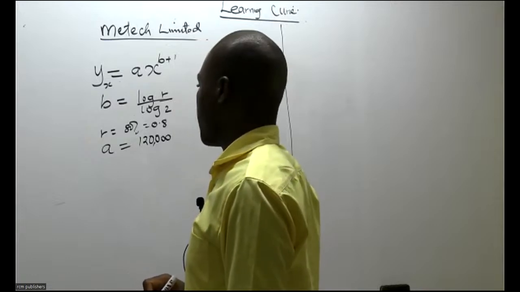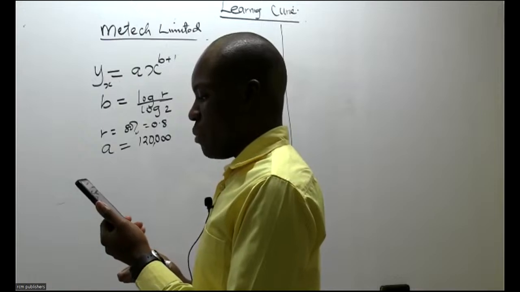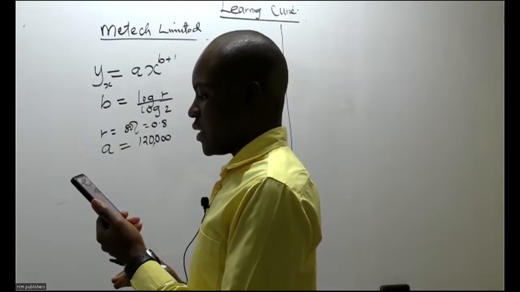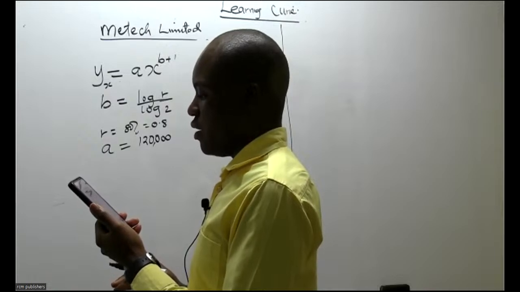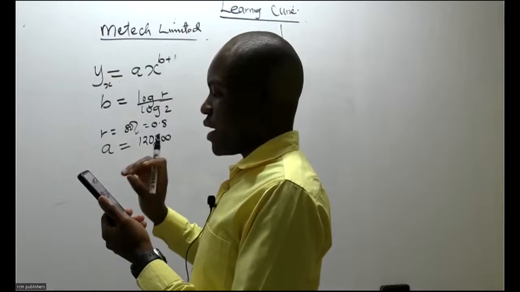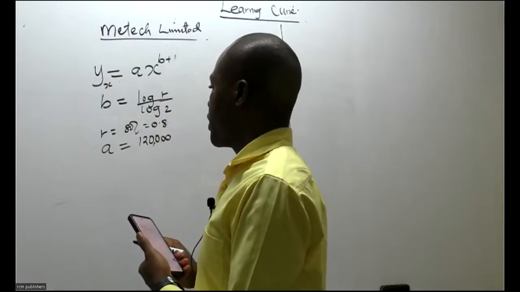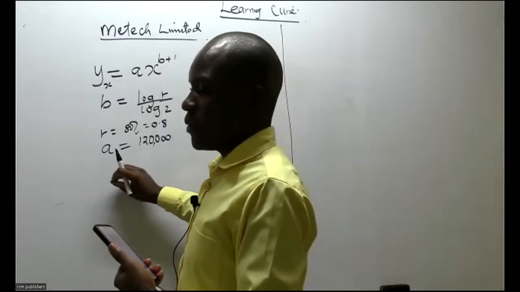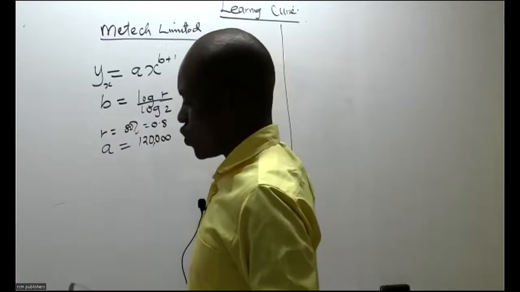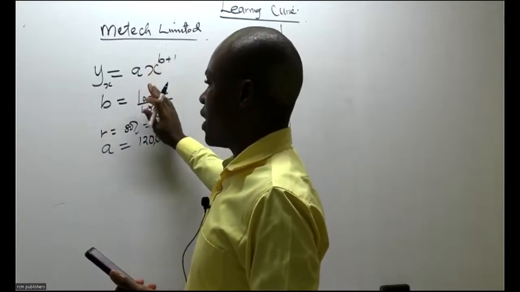Then the next thing you have been given is that they are going to do production in batches of 1,000, and the lifespan of this product gives us 16,000 units. So it means we are going to have 16 batches, the total batches to be done for the lifespan of this particular product.